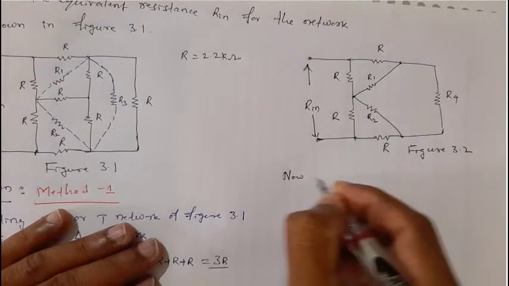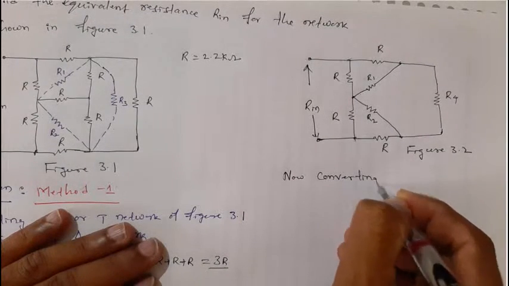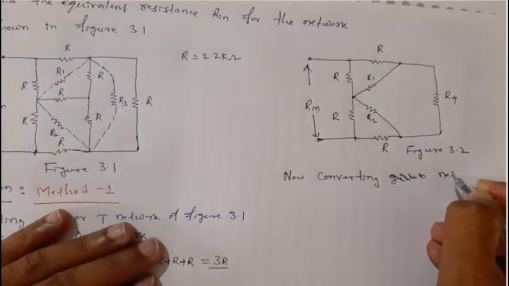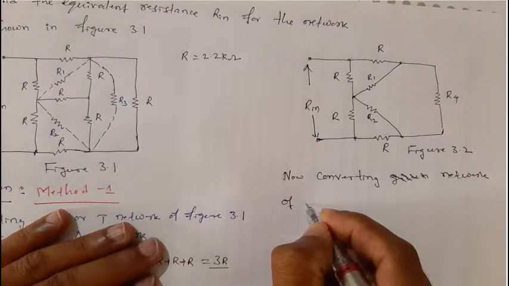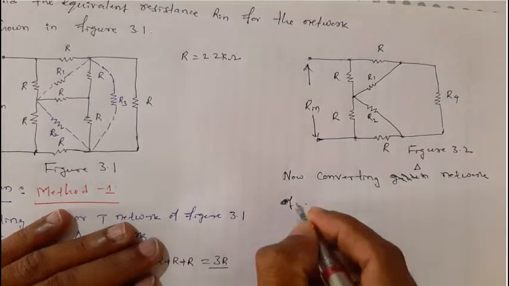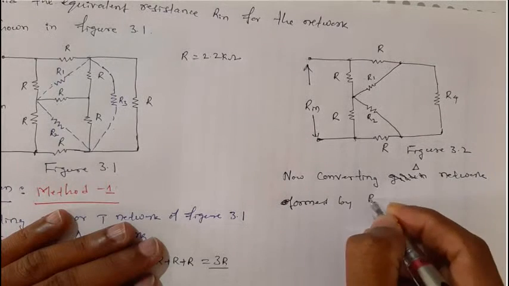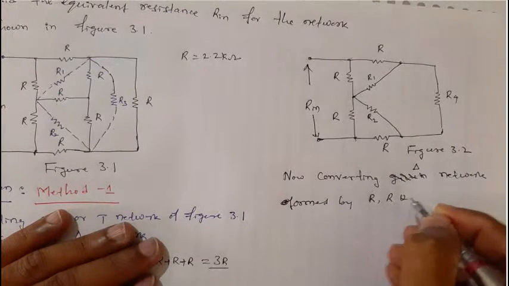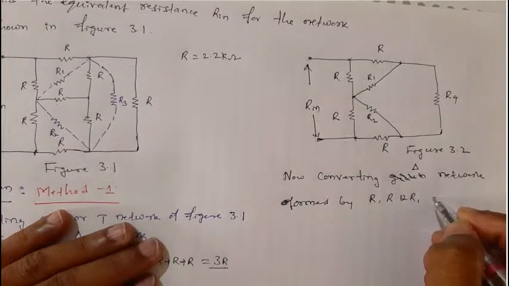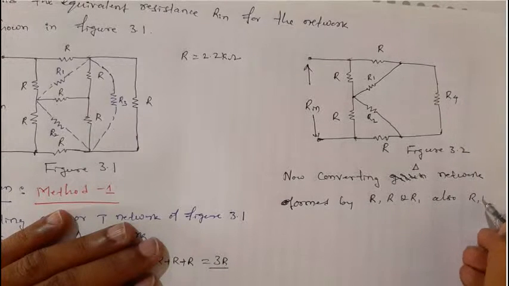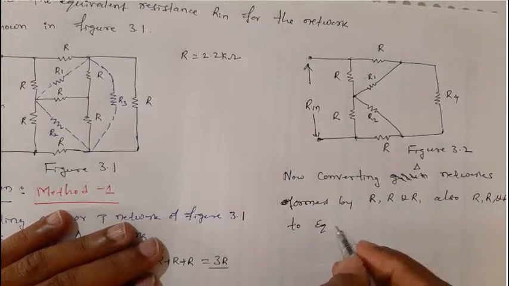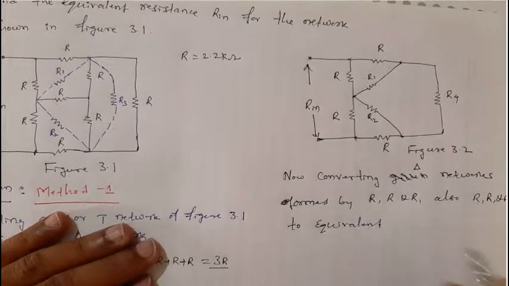Now converting the given delta network formed by R and R1, also R and R2, to equivalent, which networks?